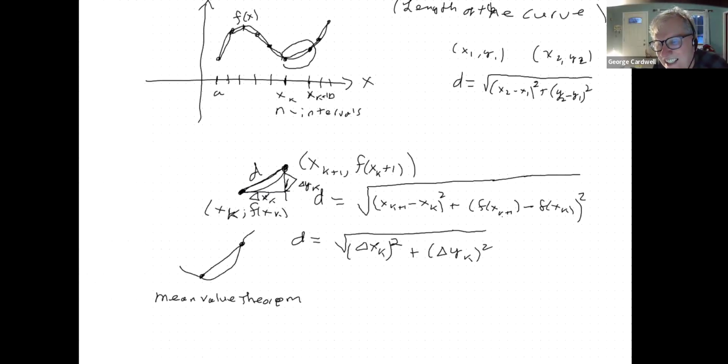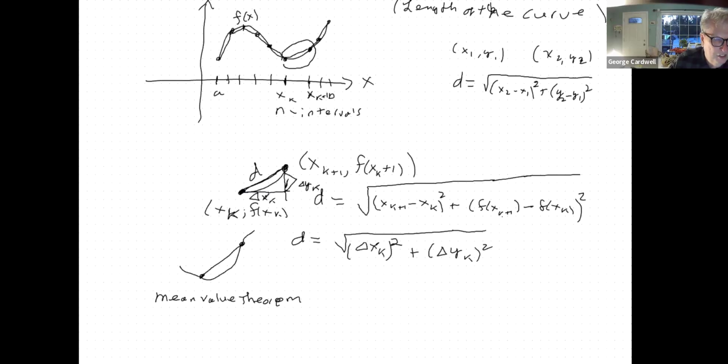Someone says there's a point where the derivative exists. That's true, there's a little more to it than that.